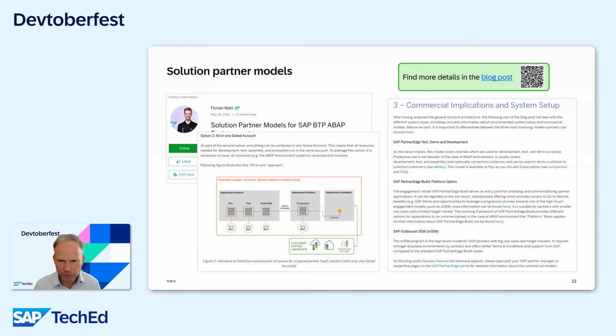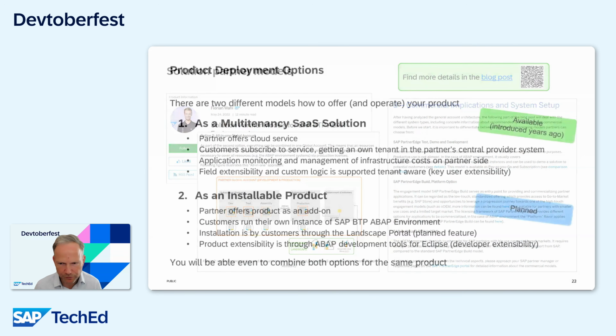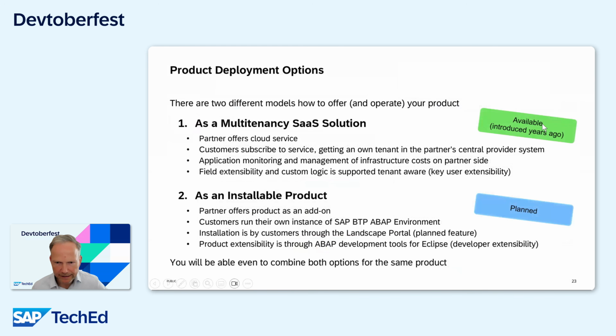You can find a respective blog post for this topic, because in this session I would like to focus more on the technical part. So we have two different models for how to offer, and there are also implications for how to operate the product for your customers. So first of all, we have the option to run this product as a multi-tenancy SaaS solution.